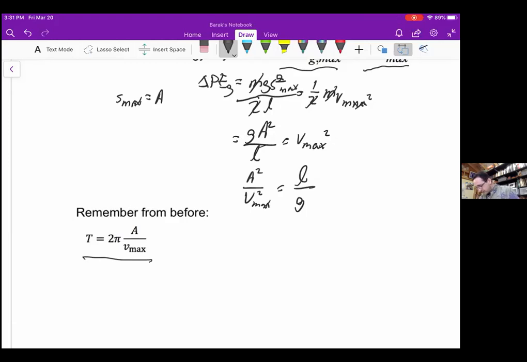So A over v max is equal to the square root of L over g. And that means that the period is 2 pi times the square root of L over g, which is the period of a pendulum.